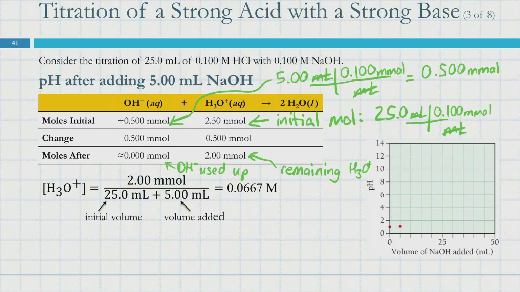Now we've added also a little bit of volume. We've added 5 milliliters of solution, and so our total volume is now 30 milliliters after adding the 5 milliliters of sodium hydroxide.